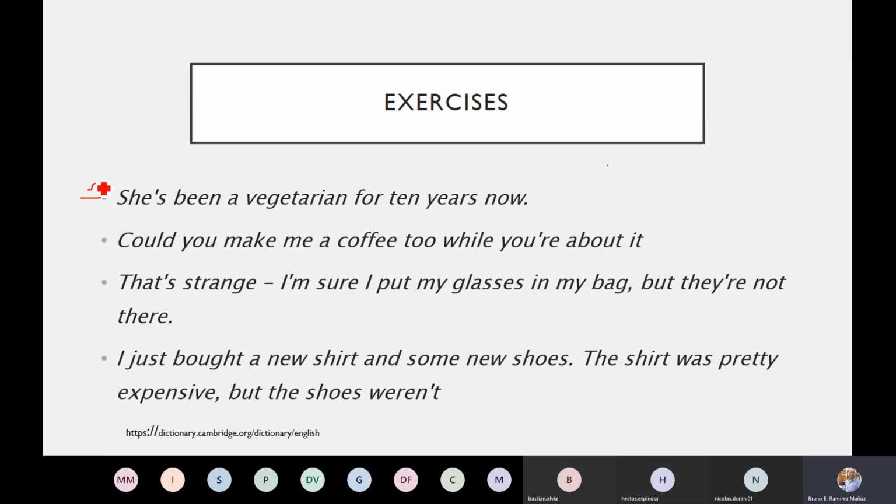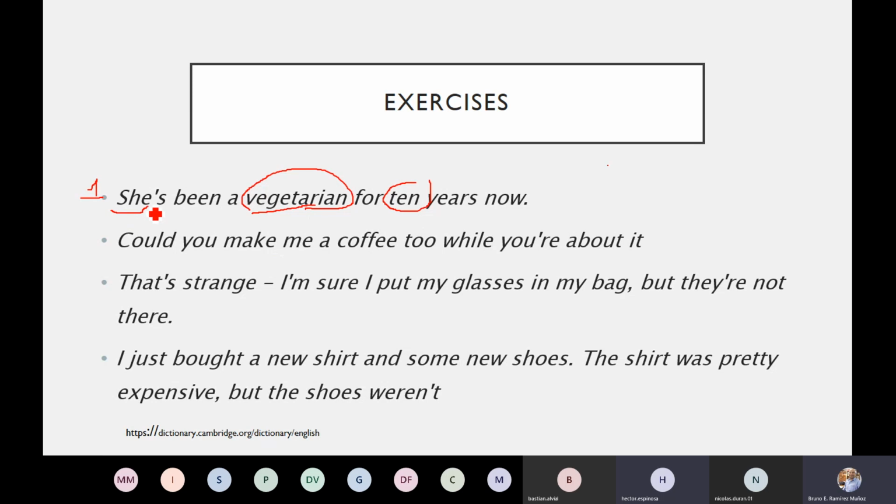Vegetarian. Okay. So vegetarian is going to be used in full form or strong form. Exactly. Is that the only one? 10 years. Okay. Which one in the phrase 10 years? Both? Teen. Okay. And she's, she.